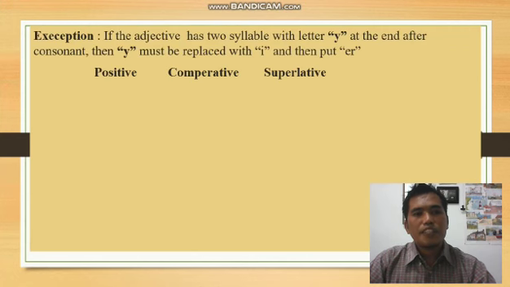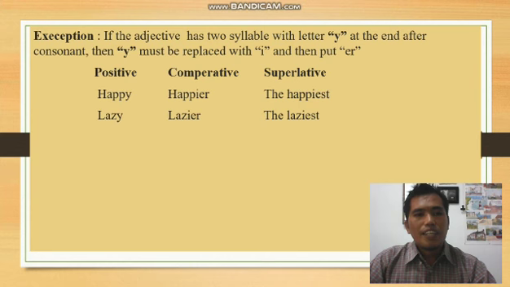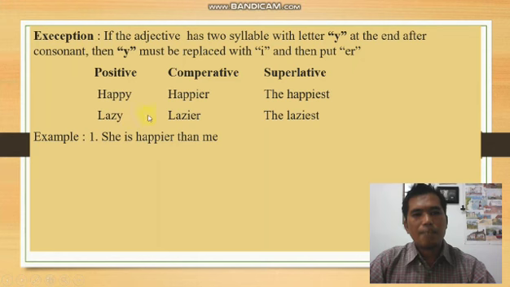Here there is an exception. If the adjective has two syllables with the letter Y at the end after a consonant, we have to replace Y with I, and then we put er, so it becomes happier. Lazy becomes lazier. So you also have to be careful.